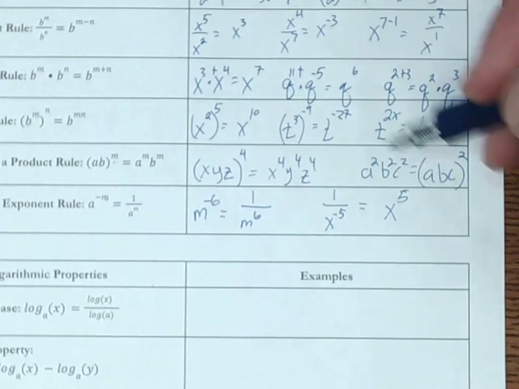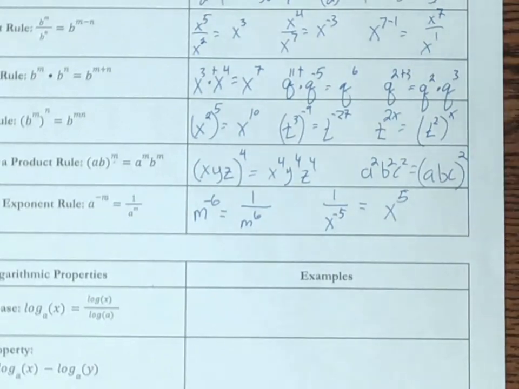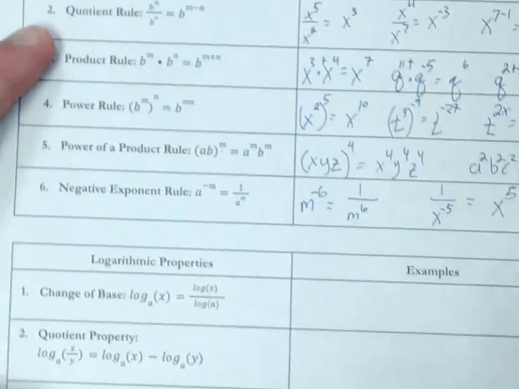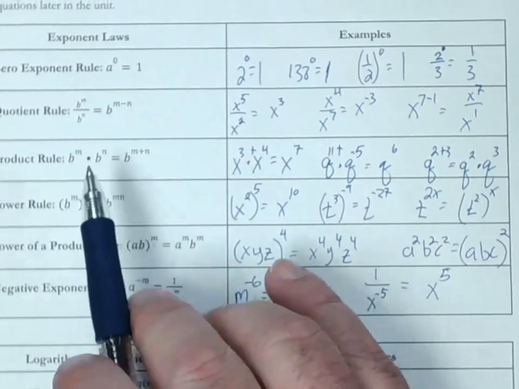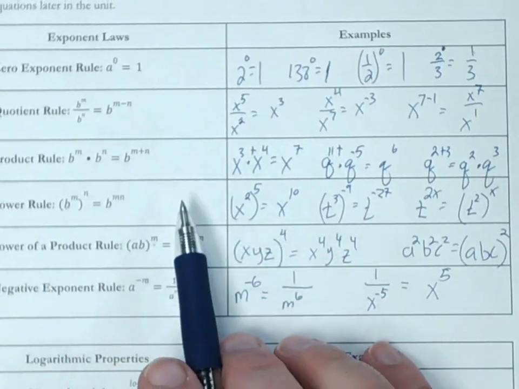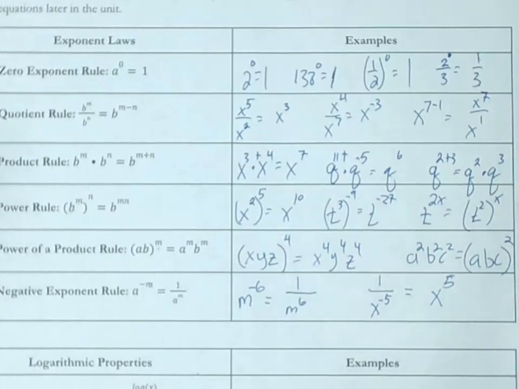I will say that when you start to combine all of these, though, the first thing you're going to want to do is combine all of your exponents as much as possible. So when I'm working a problem with exponent rules, I always try to use the quotient, product, power, and power over product rules first, and get those things simplified down as much as possible.